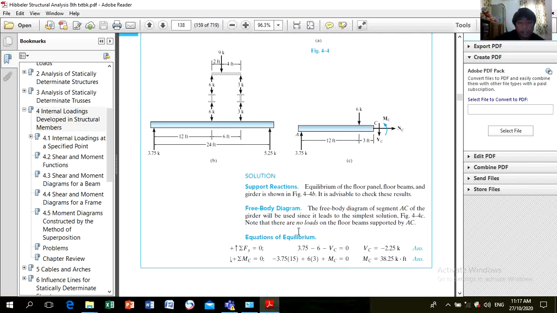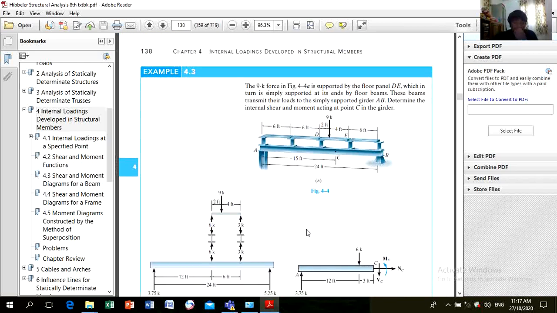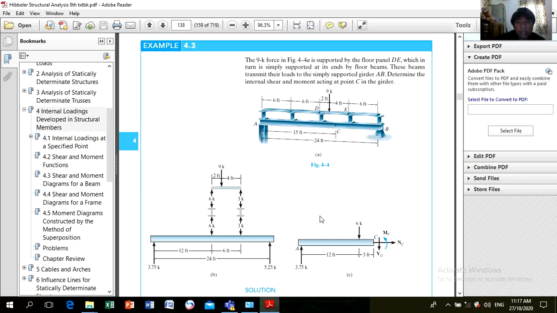Let's have another example. The 9-kip force is supported by the floor panel DE, which in turn is simply supported at its ends by floor beams. These beams transmit their loads to the simply supported girder AB.